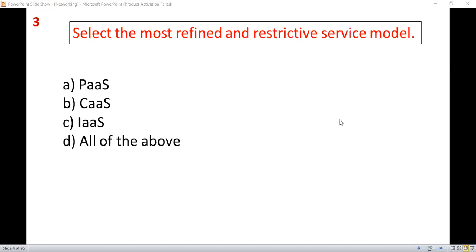Not container, it is content as a service. CaaS, or managed content as a service, is a service-oriented model, we can say.